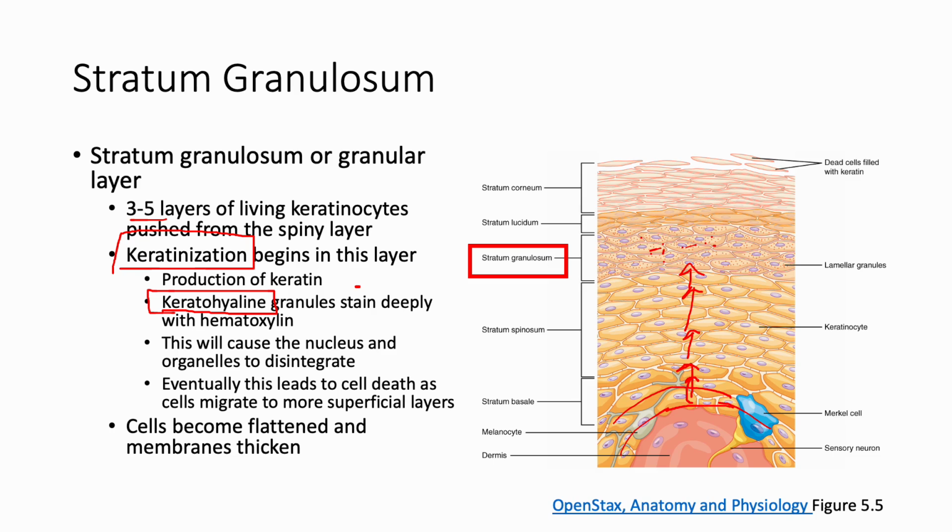So it's going to be pushed up into this top layer, and it will remain there a couple of weeks. As the cells go through keratinization, they get flatter, and their plasma membranes actually get thicker, which helps with being waterproof, so we don't lose water, we don't absorb water, right? It makes it waterproof.